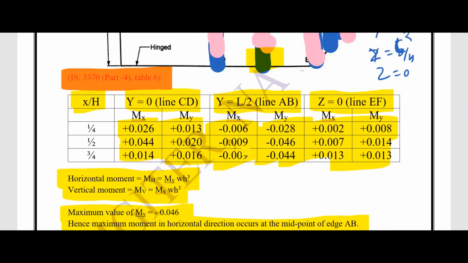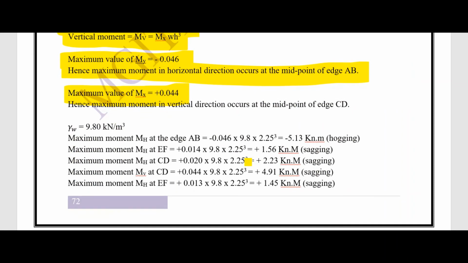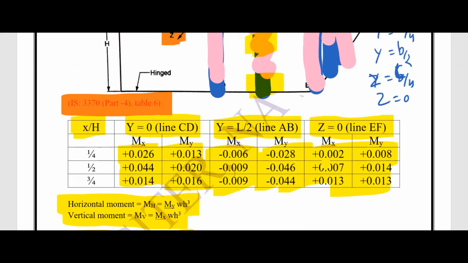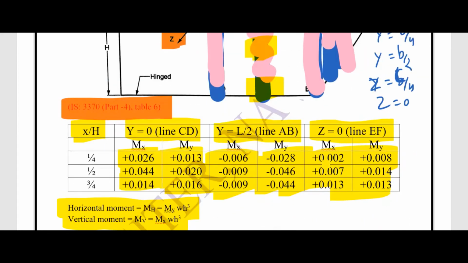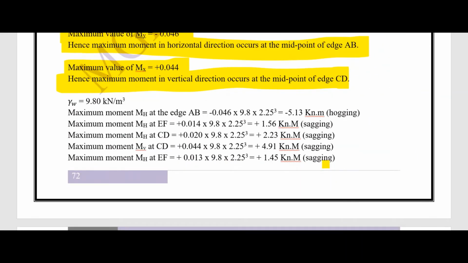Hence the maximum moment in the vertical direction occurs at the midpoint of edge CD. By this graph and this calculation we describe these things. Gamma W is 9.80. We have assumed this.